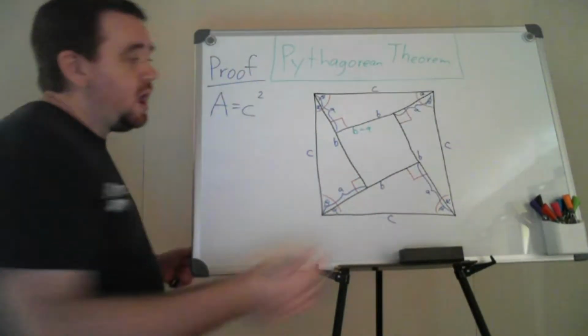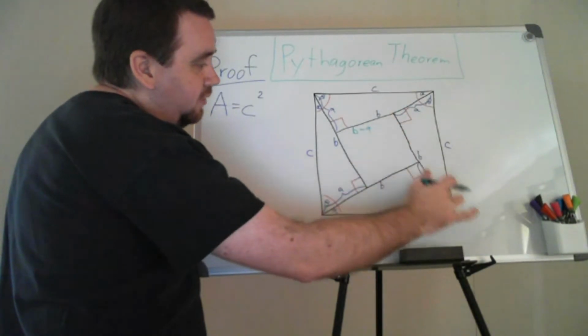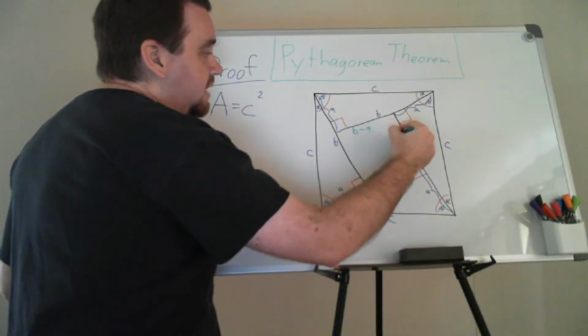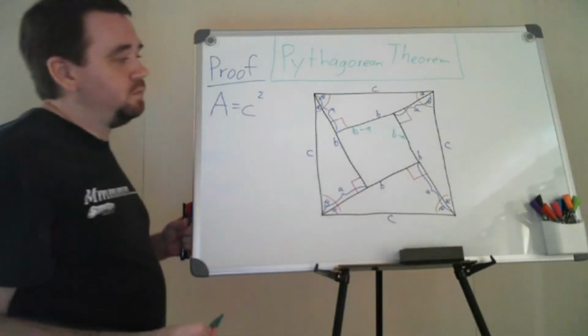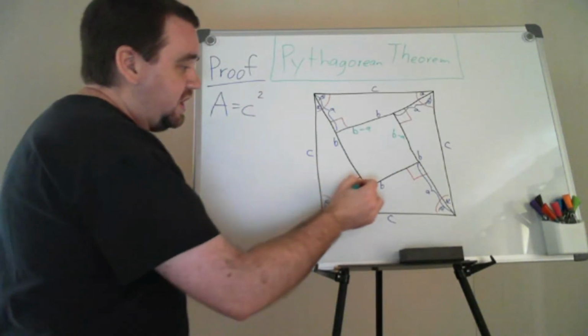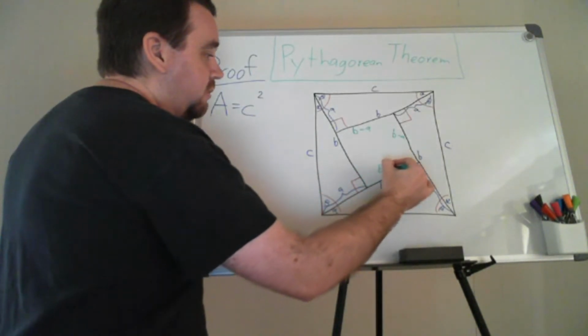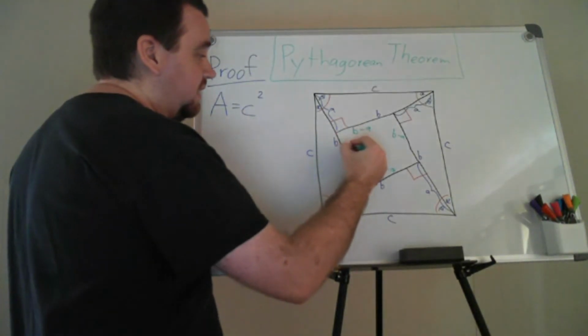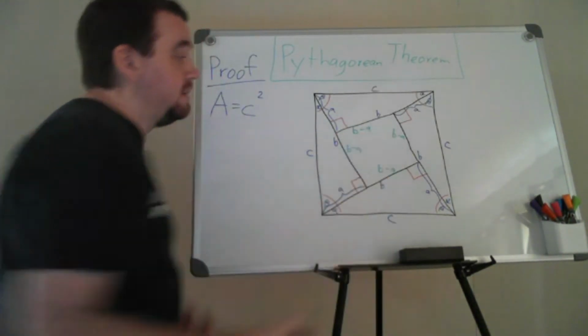And as I look here, I got the same thing. This is b, this portion of b is a, so this remaining piece must be b minus a. The same thing here, and by the exact same logic, this last one must also be b minus a.